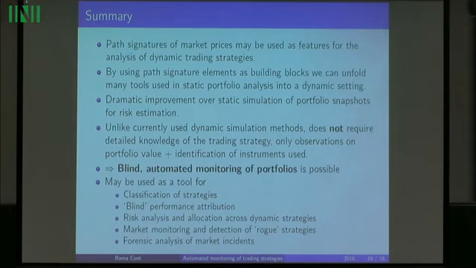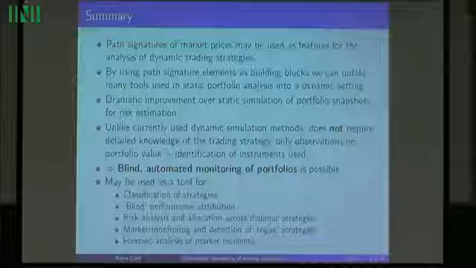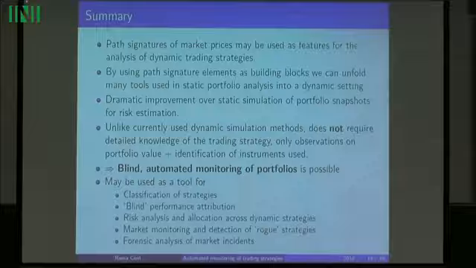So basically what I've tried to show is that if you use path signatures of market prices as features for analysis of dynamic trading strategies, they give you a framework in which you can now deploy tools like linear regressions, simulation, and so on, which are used classically in a static framework for portfolio analysis without any extra technology, without any complicated new concept.